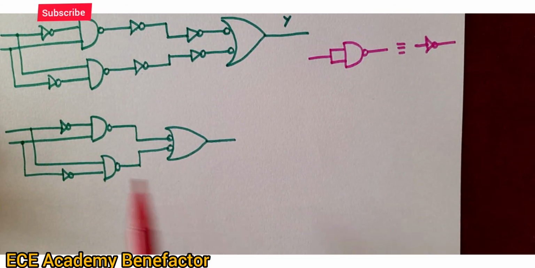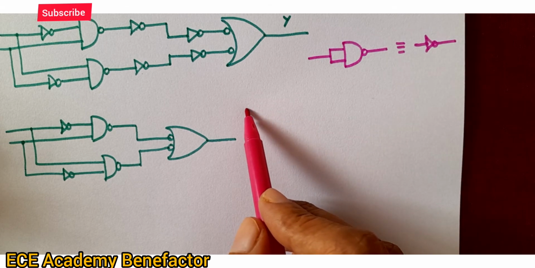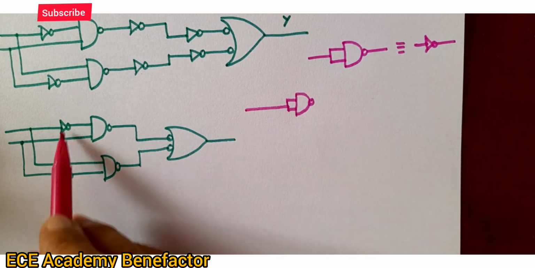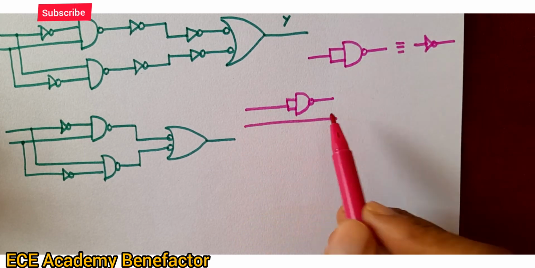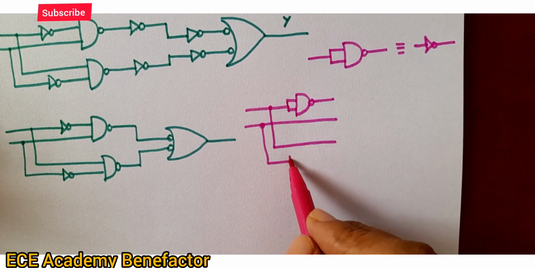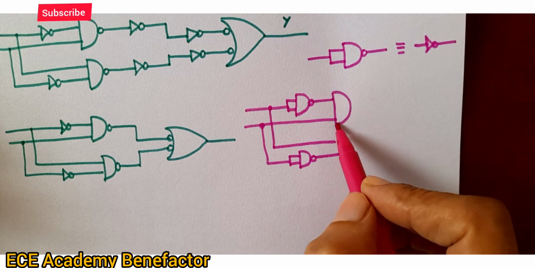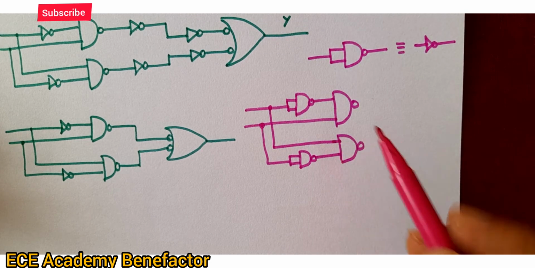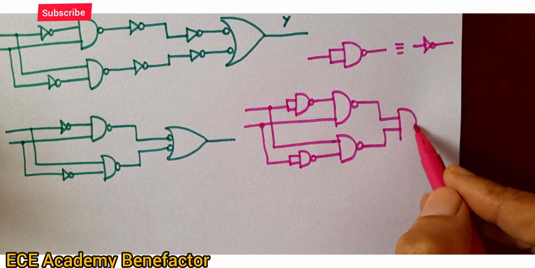Okay, so we can replace and draw the diagram like this: this NOT is replaced by this NAND gate, and this is B, and from A we are taking, from B we are taking and putting a NOT gate using a NAND gate, and here a NAND gate as usual like this, and then the bubbled OR gate is replaced by a NAND gate.